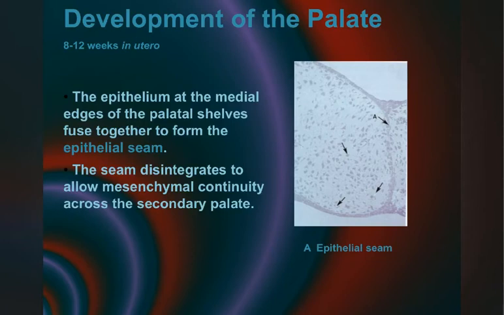The seam disintegrates to allow mesenchymal continuity across the secondary palate. This is mesenchyme, this is mesenchyme. When this epithelium in between disintegrates, there will be continuity between the mesenchymes of the two palatal shelves.